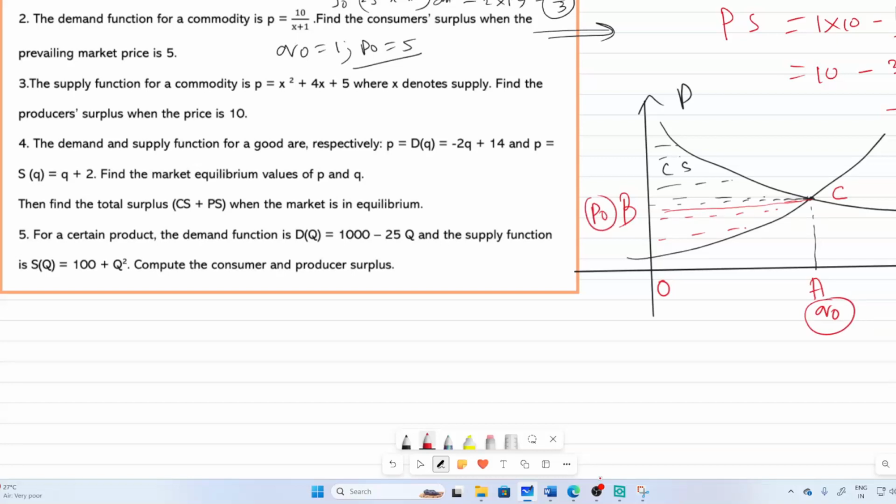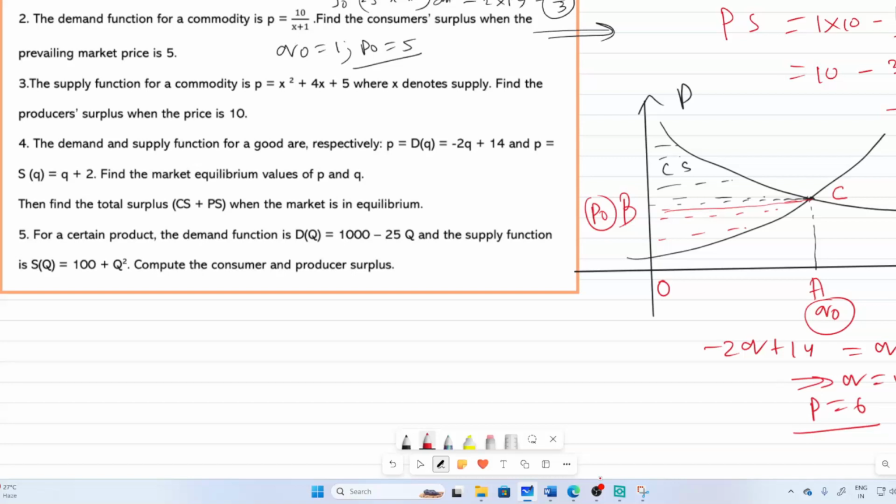We can get P0, Q0 very quickly. How? At the equilibrium, demand function is equal to the supply function. So minus 2Q plus 14 is going to be equal to Q plus 2. This gives us Q equal to 4. By putting Q equal to 4, P is coming to be 6.